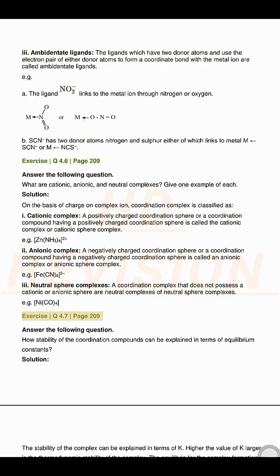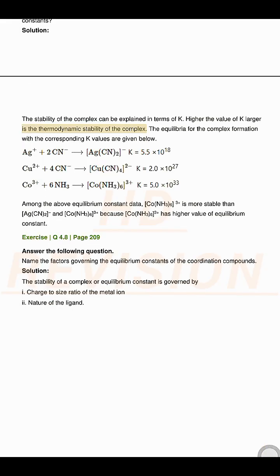Exercise Q 4.7, page 209. Answer the following question. How can the stability of coordination compounds be explained in terms of equilibrium constants? Solution. The stability of the complex can be explained in terms of K. The higher the value of K, the larger is the thermodynamic stability of the complex.